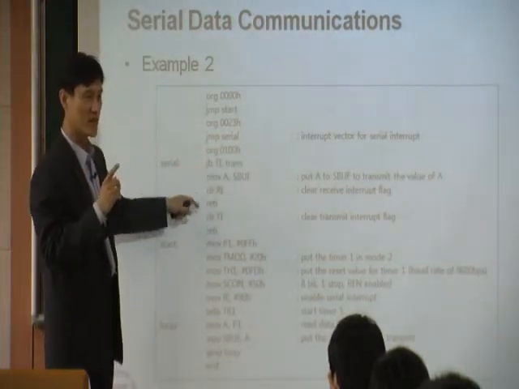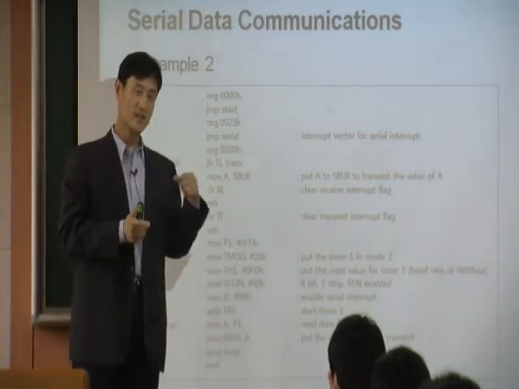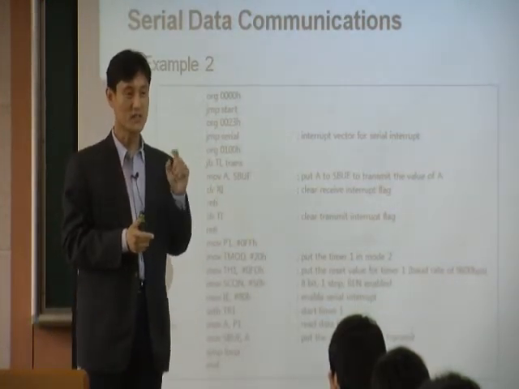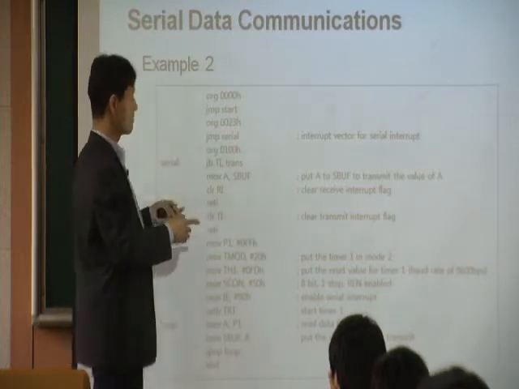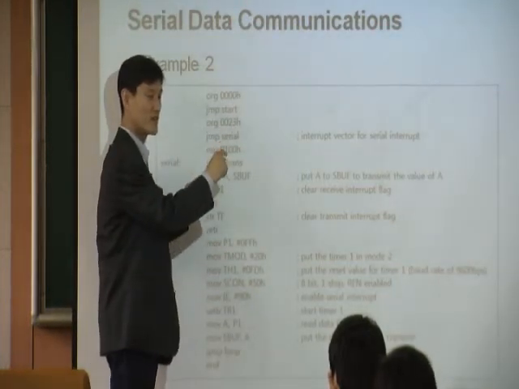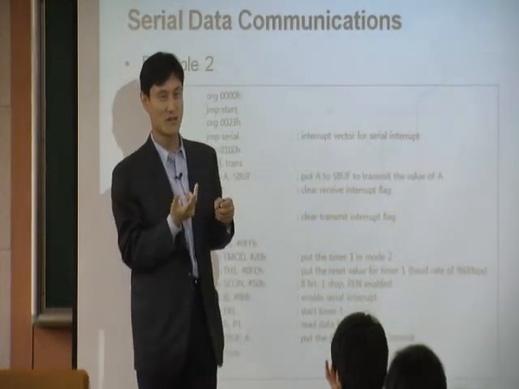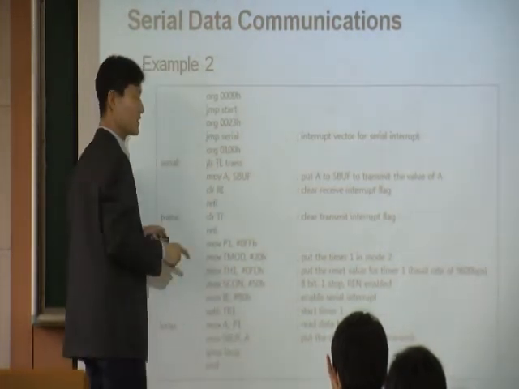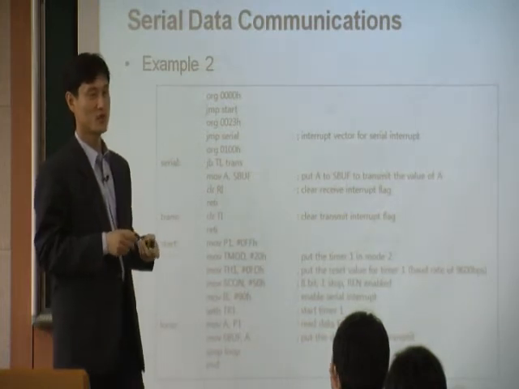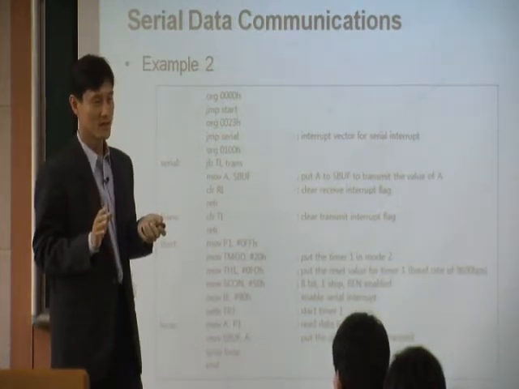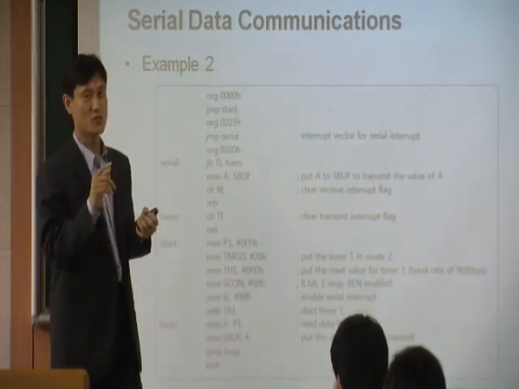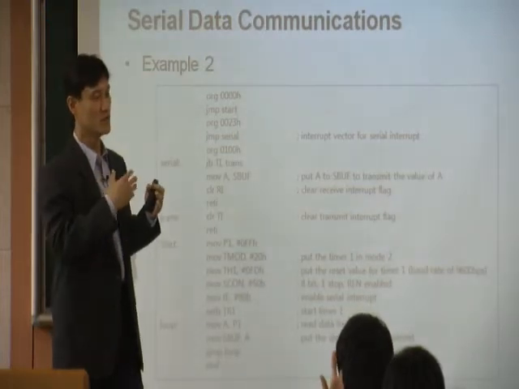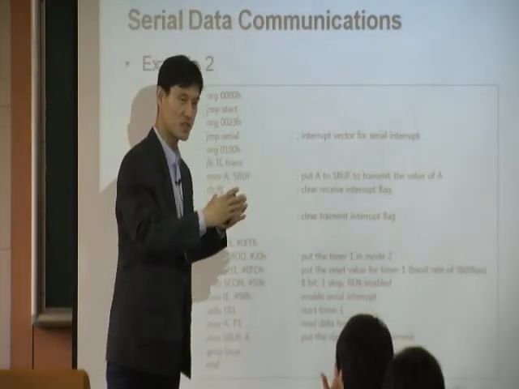First thing to check is, did I get TI or RI? You need to check that first, because maybe TI is 1, or maybe RI is 1. If TI becomes 1, you don't need to do anything, because TI equals 1 means the hardware finished the transmission.